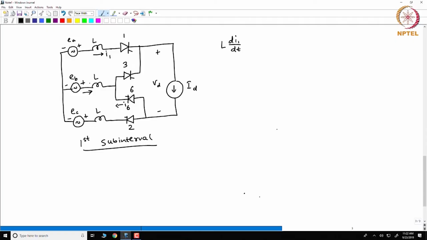Can I write this current in terms of I1 and I6? Id minus (I1 plus I6). Id minus I1 gives I3 minus I6.